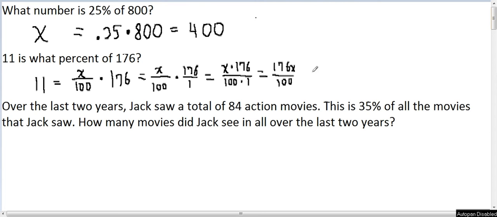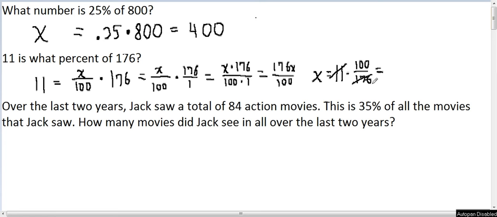So when we do, we get just x on one side of the equation, and on the other side, we start out with 11, and we multiply that by 100 over 176. Now we can divide out common factors. 176 is a multiple of 11, so we can divide out 11 from 11 and 176.